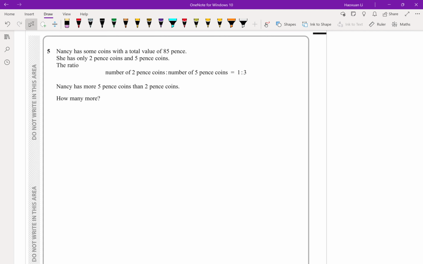Now, question 5. Nancy has some coins with a total value of 85 pence. She has only 2 pence coins and 5 pence coins. The ratio of the number of 2 pence coins to the number of 5 pence coins is 1:3. Nancy has more 5 pence coins than 2 pence coins. How many more?